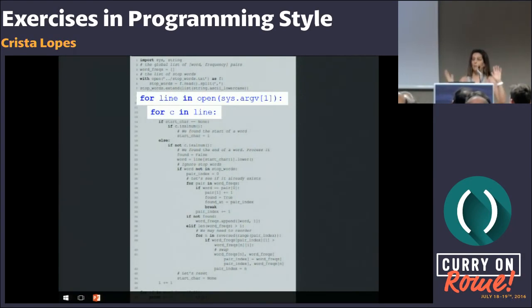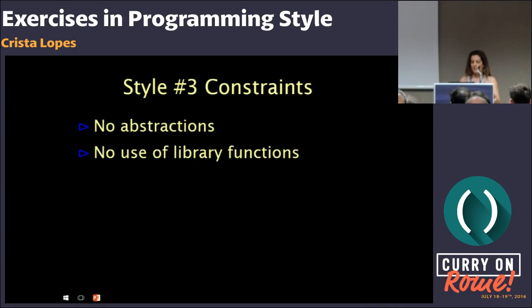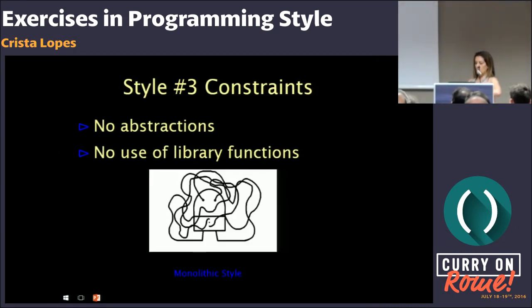So I'm being relatively agnostic throughout the whole book. I'm trying to describe what's good about this and what's bad about this, but trying to stay away from giving very opinionated prescriptions about whether you should or should not use this. So, no abstractions, no use of other functions. I call this one the monolithic style.